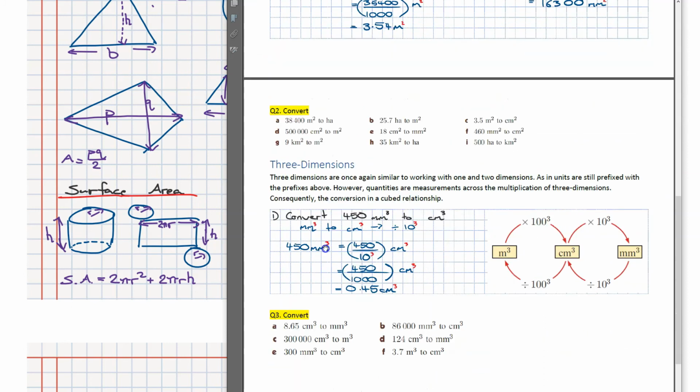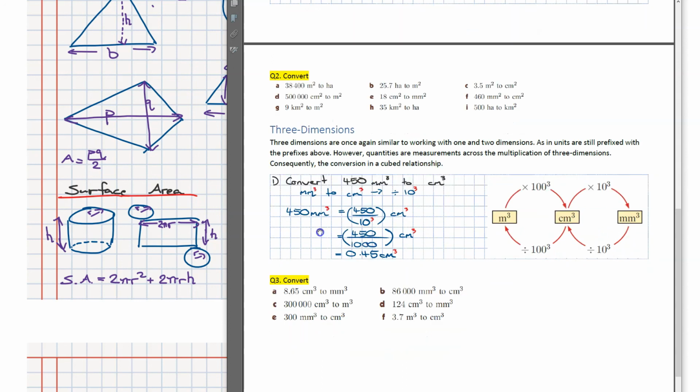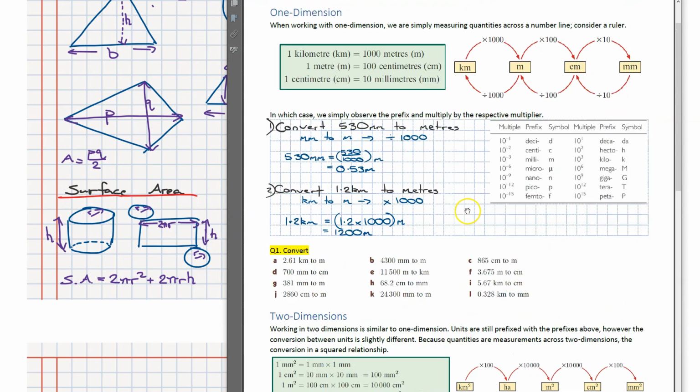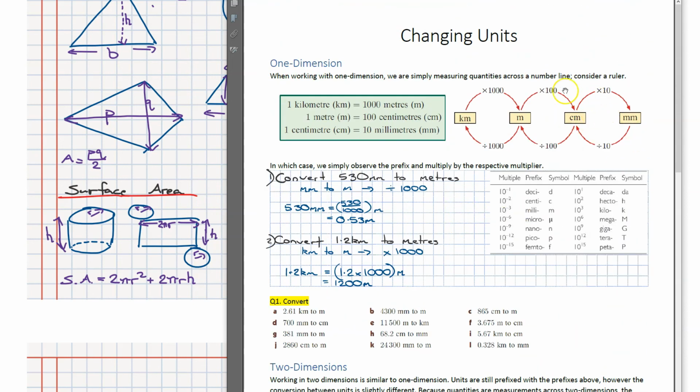So when we're looking at changing, say, millimeters cubed to centimeters cubed, we know that centimeters to millimeters is times by 10, but because it's in the third dimension, we cube that 10. So it becomes 450 millimeters cubed is the same as 450 divided by 10 cubed. Alright. So what I'm going to do for my help sheet is I'm simply going to copy out these red diagrams here.